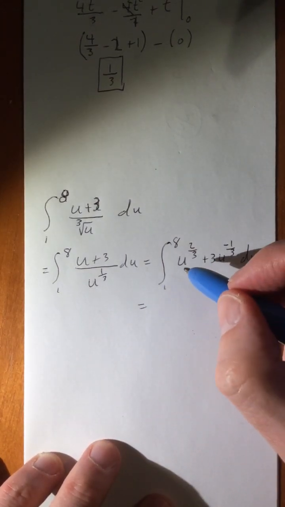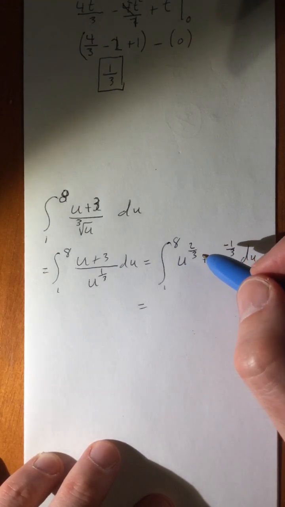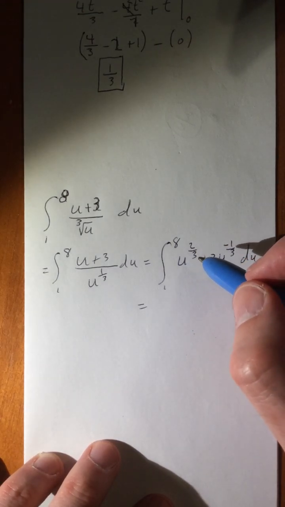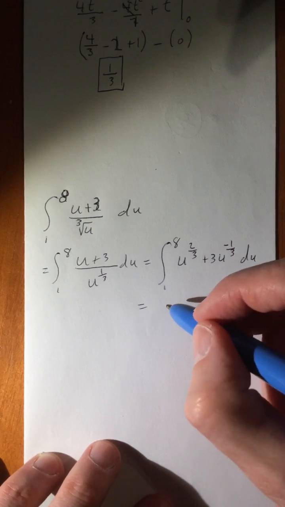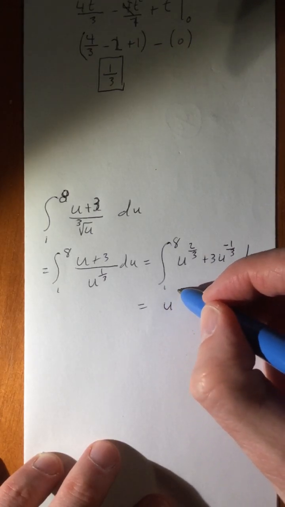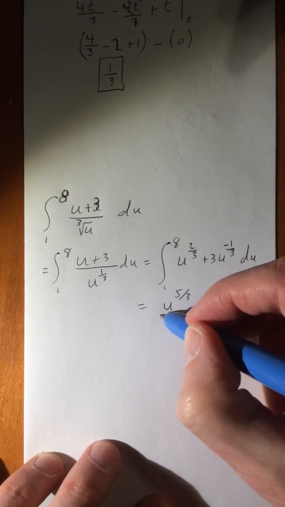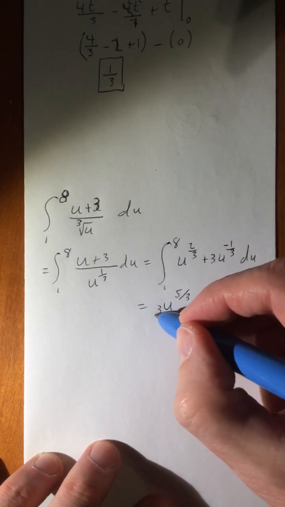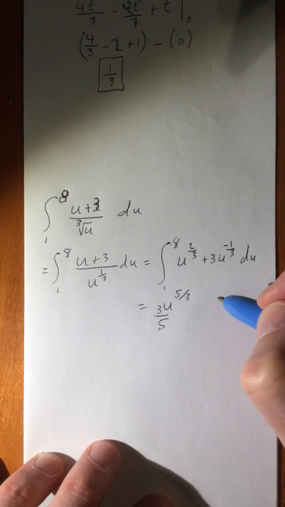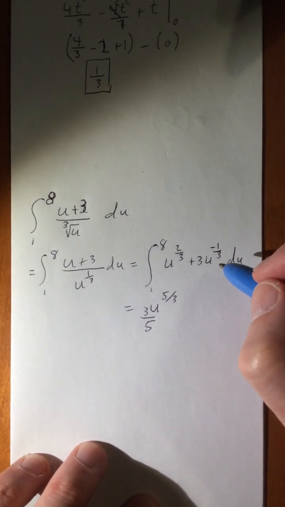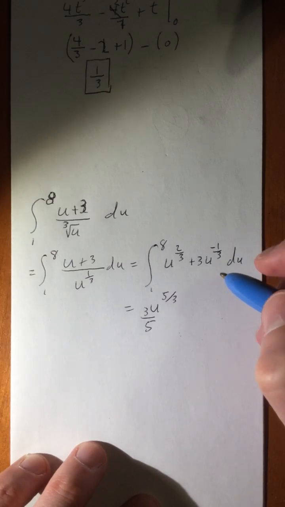And we integrate here. So u to the 2/3, we add 1, which is really 3/3. So now we're going to have 5/3. So we're going to have u to the 5/3 divided by 5/3, which is really times 3/5. And we'll do the same trick here. We're going to add 3/3 to negative 1/3 and get 2/3.